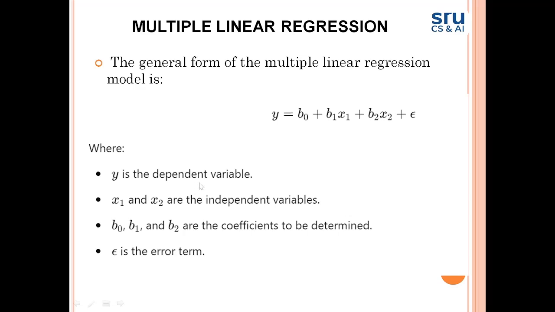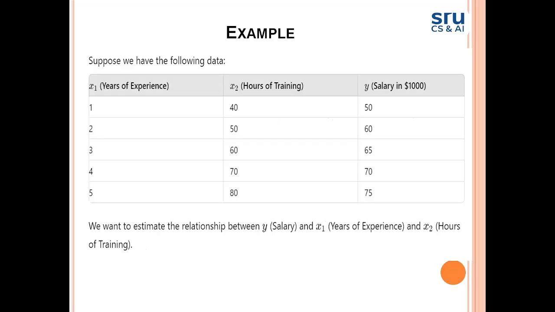It is the dependent variable. x1 and x2 are independent variables. Beta naught, beta 1, beta 2 are coefficients to be determined. Eta is the error term. Now we will see how we calculate all the coefficients.